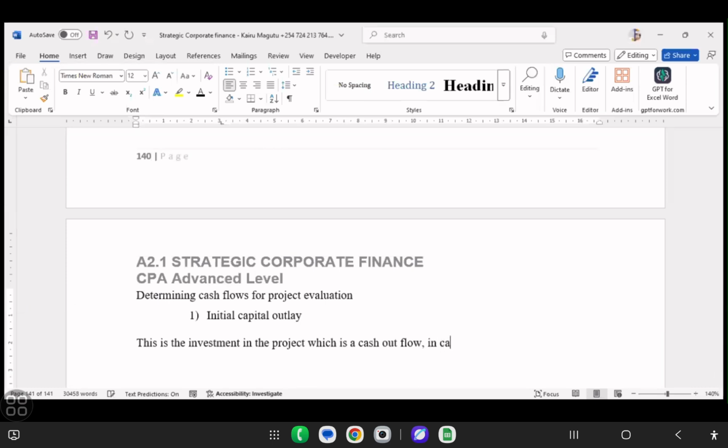We say that in case the investment, or part of the investment, is incurred after year zero, such cash outflow must be discounted to the present value.